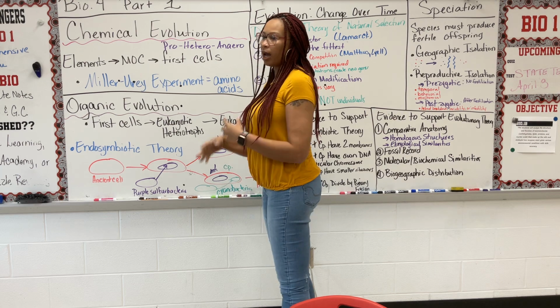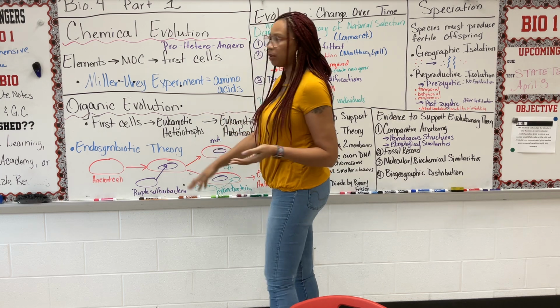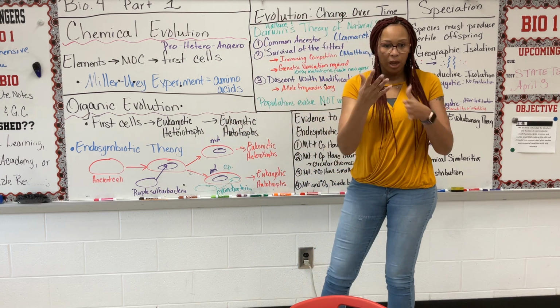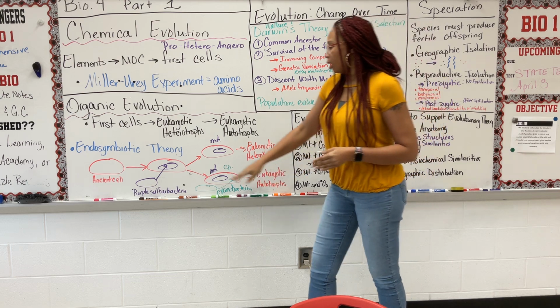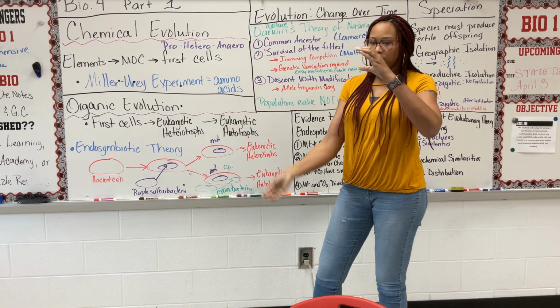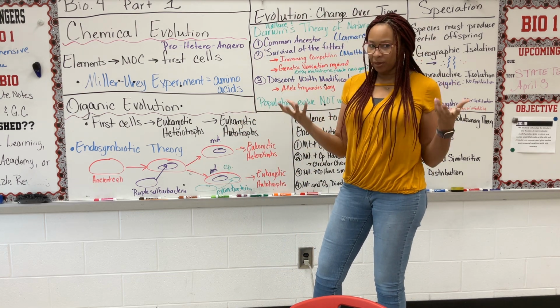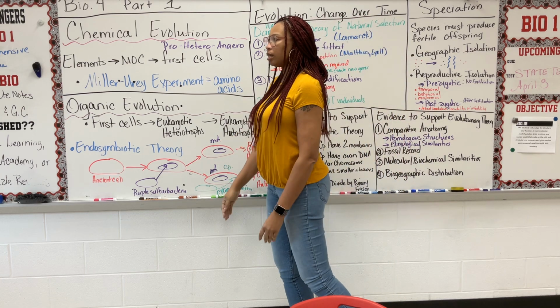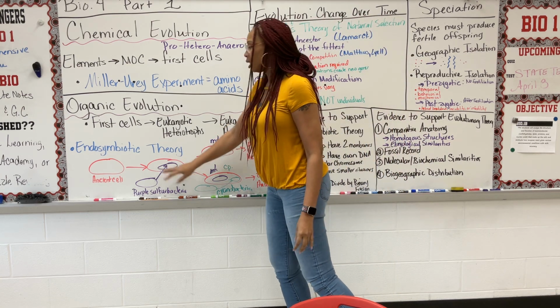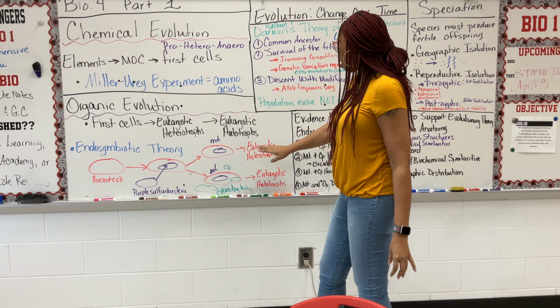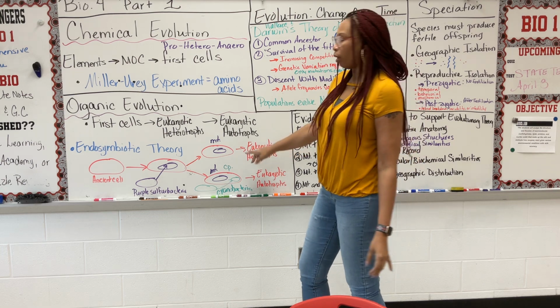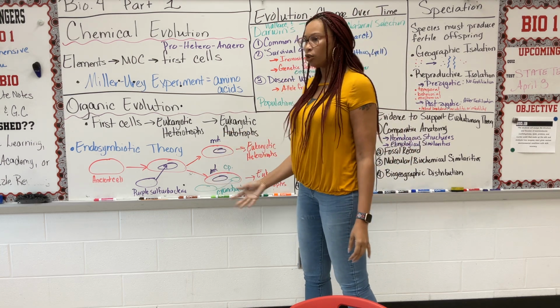But instead of actually breaking it down, they developed a symbiotic relationship, living and working together, called endosymbiosis, because something went inside, endo, of something else, and they began to work together. And those cells became the precursors for our eukaryotic heterotrophs, and they would contain mitochondria.